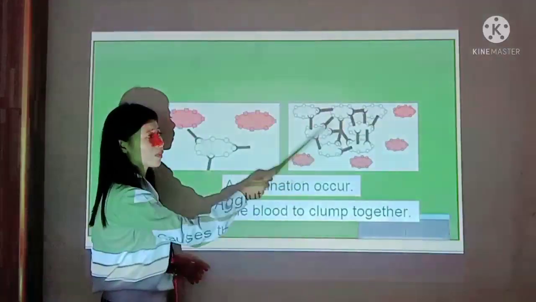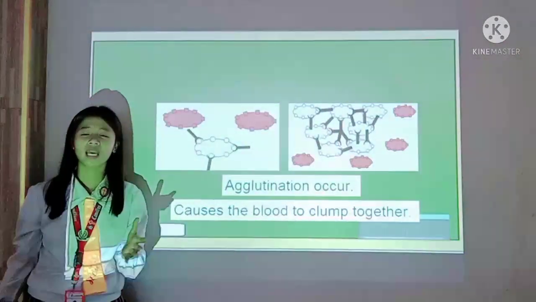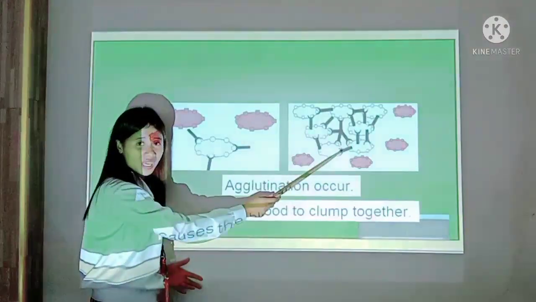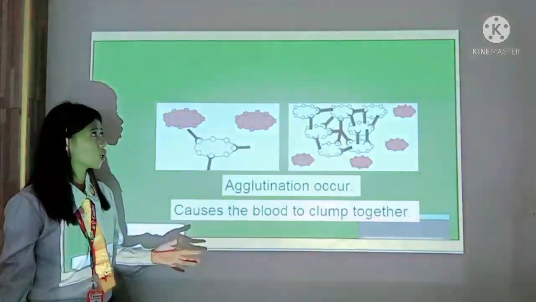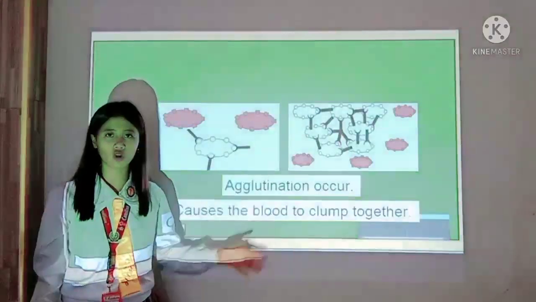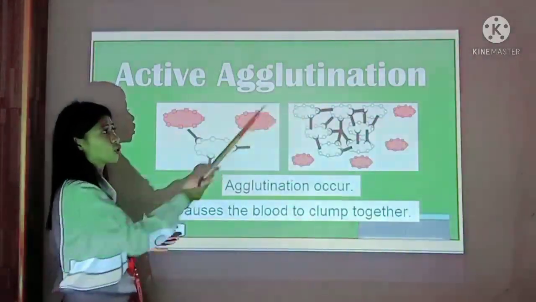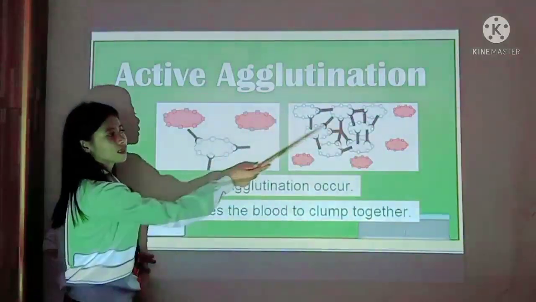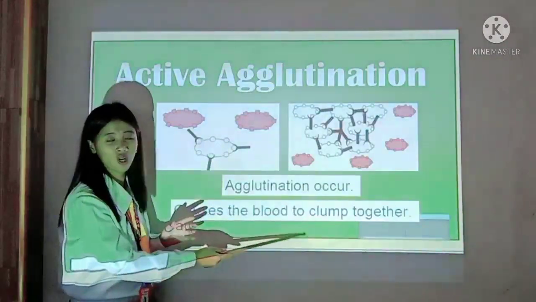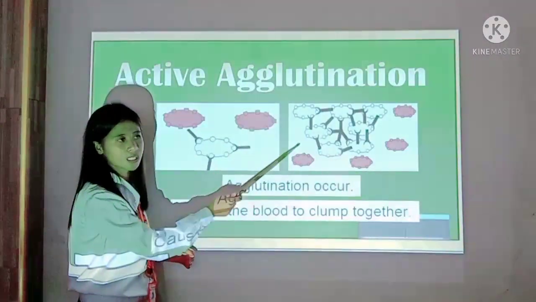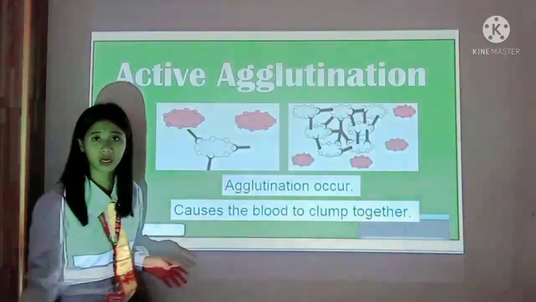Kasi nga yung hemoglobin that are present in our blood is nagiging toxic because of the clumping. Okay? Nagigets. So this agglutination we call it active agglutination because there is an active clumping of those antigen and those antibodies and antigens of the foreign blood.